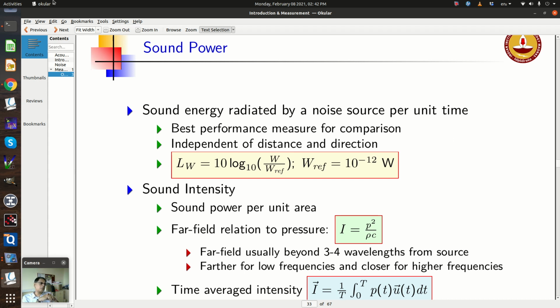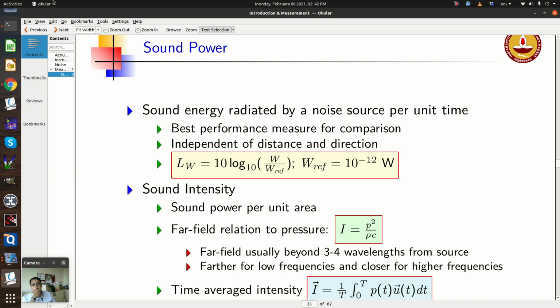A very, very loud source is of the order of 10 milliwatts. 120 dB is basically 1 watt, and 120 dB sound power is extremely, extremely loud. So the ratings you see on loudspeakers at concerts and so on are more an electrical rating than the acoustic rating. Of course, if the electrical rating goes up, the acoustic rating also tends to go up.